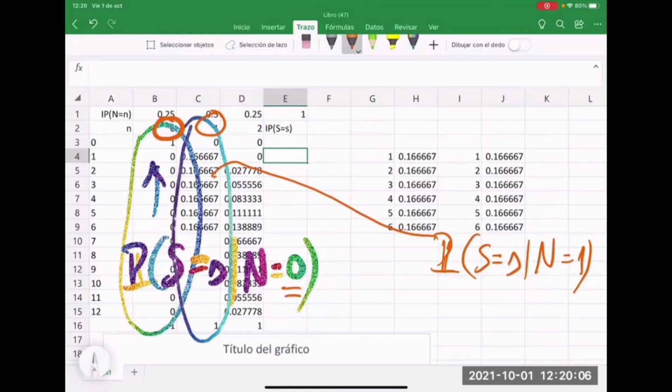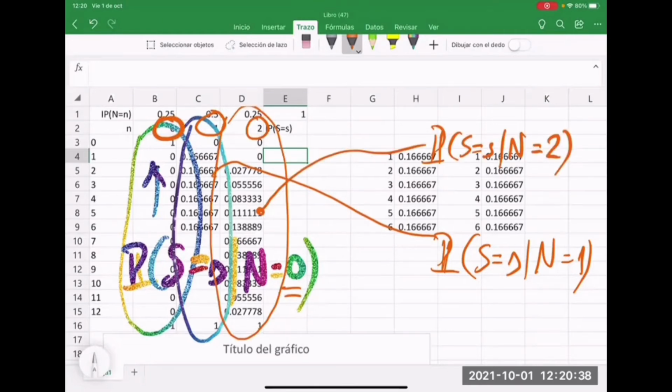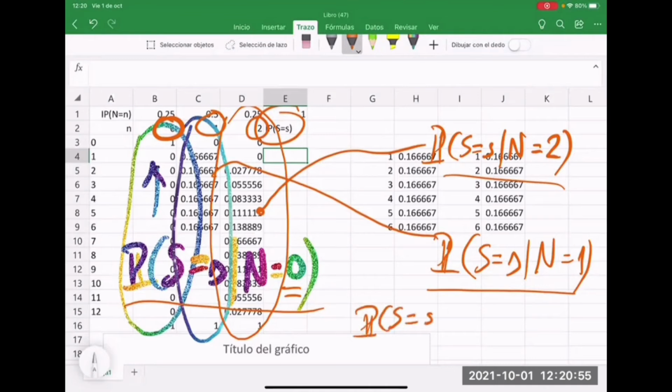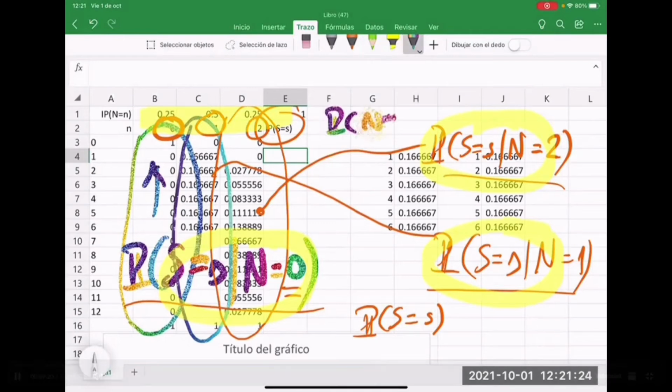And what we need to get is the probability that S equals s. By the way, in the top row, we have the probability that n equals little n for little n equal to 0, 1, and 2.